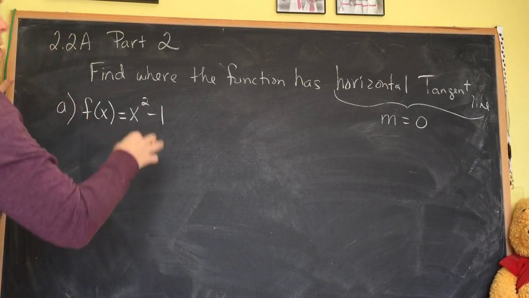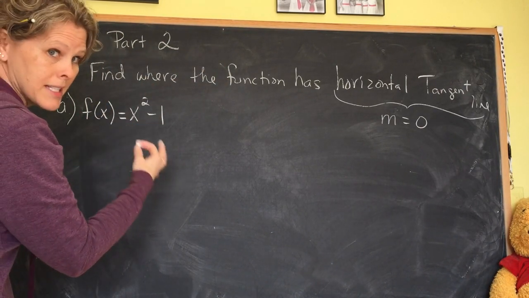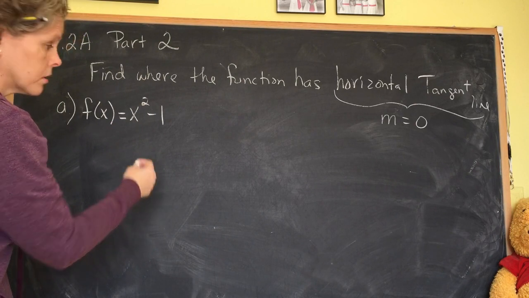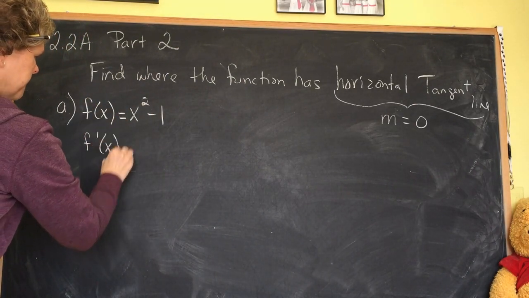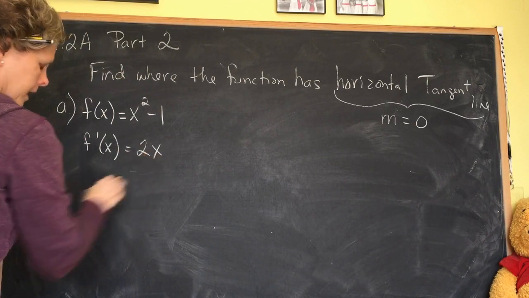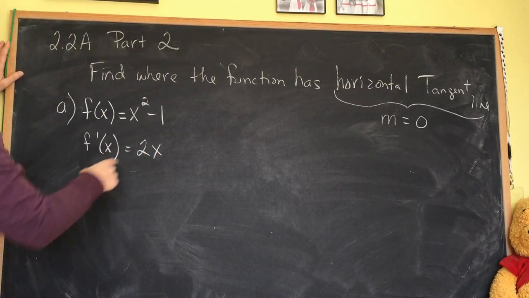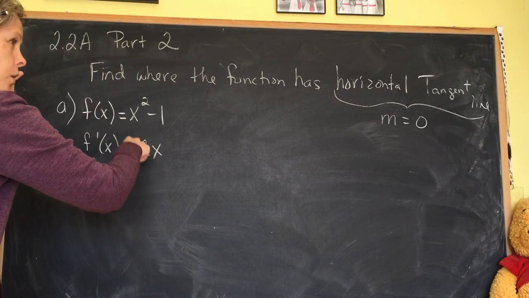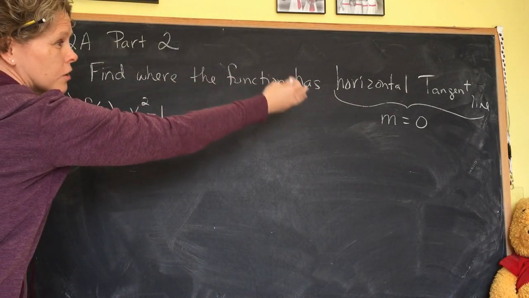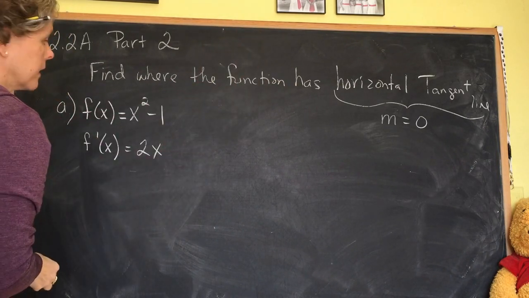All right, if I want the slope of the tangent line, that means I'm going to take the derivative first. So let's take the derivative here. And I got 2x. This is the slope of the tangent line. But we know that the slope of the tangent line has to be 0 because we're telling you it's a horizontal tangent line.